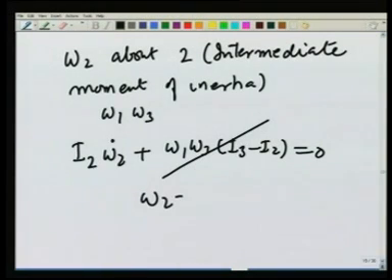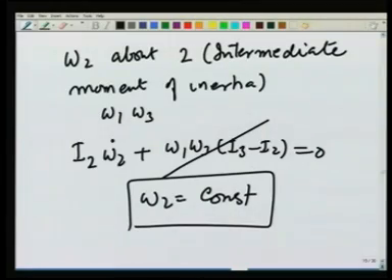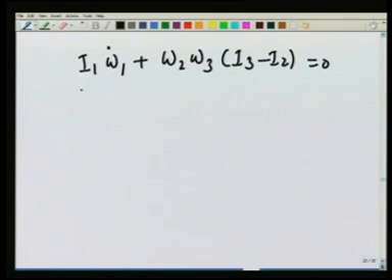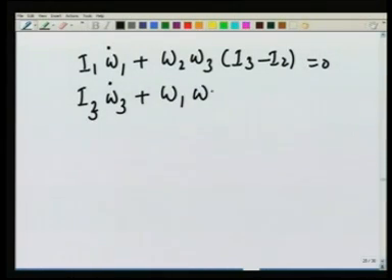So, omega 2 is a constant. How about omega 1 and omega 3? I would have I1 omega 1 dot plus omega 2 omega 3 (I3 minus I2) is equal to 0, and I3 omega 3 dot plus omega 1 omega 2 (I2 minus I3) is equal to 0.